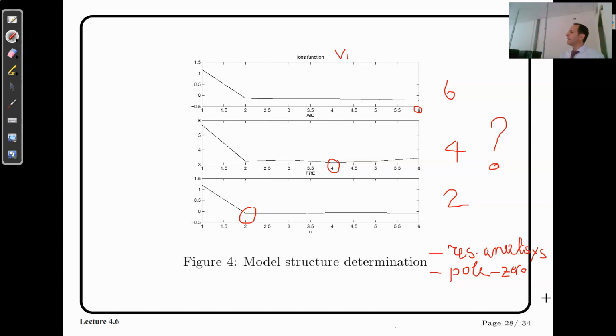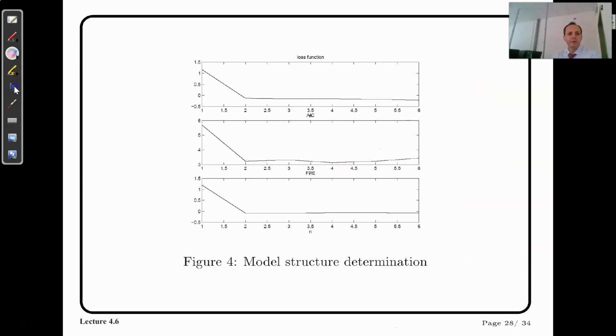So we will identify 3 models in this case, and then we will examine, for example, the residuals or the pole-zero plot. So it's a way of understanding which is the most appropriate.